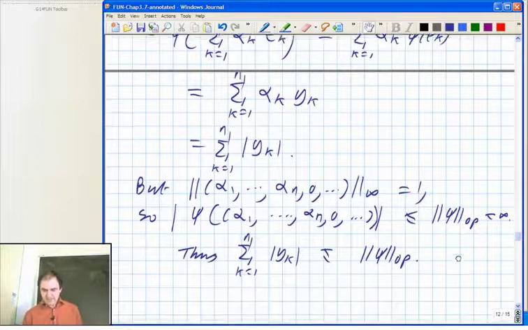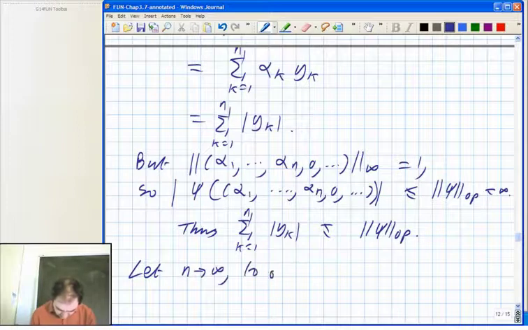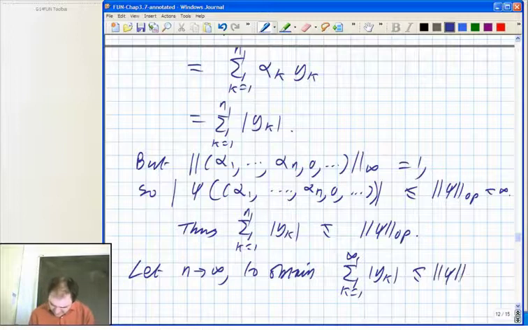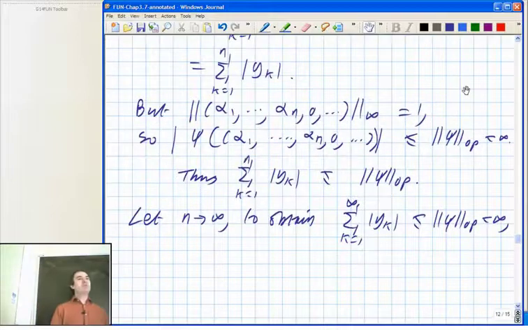Now you let n tend to infinity, to obtain that the sum from k equals 1 to infinity of mod yk is finite. And you've pretty much reproved the relationship between the norms as well.